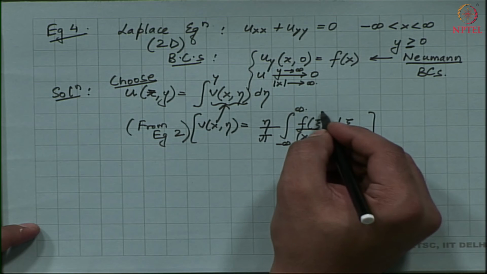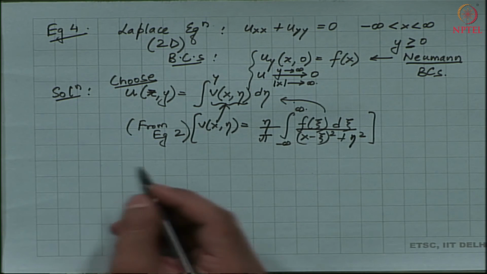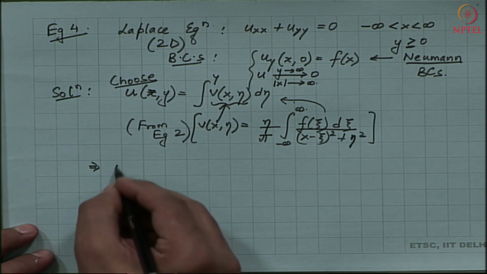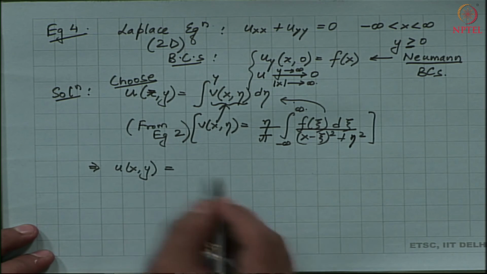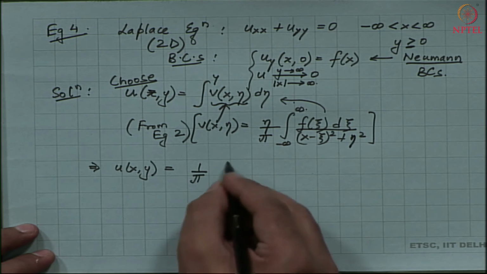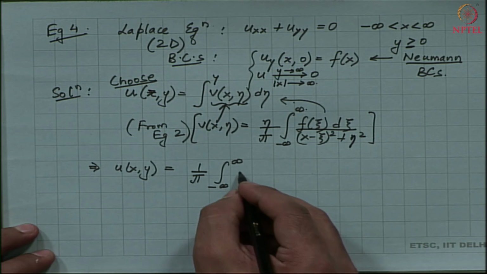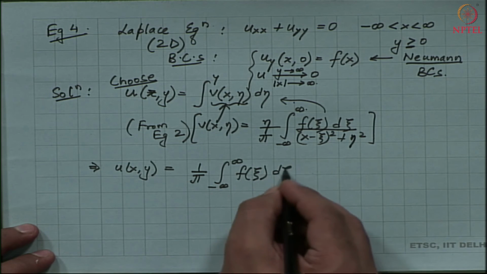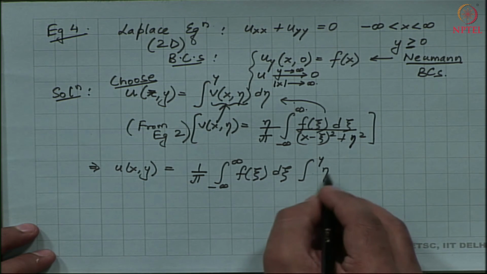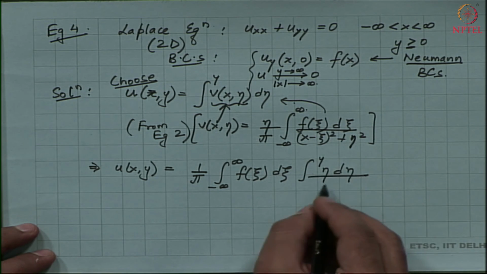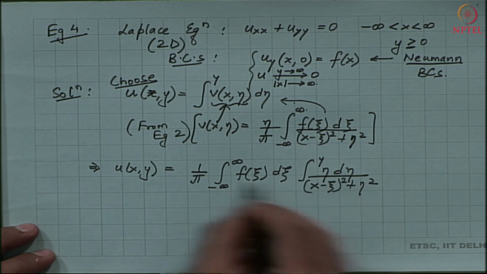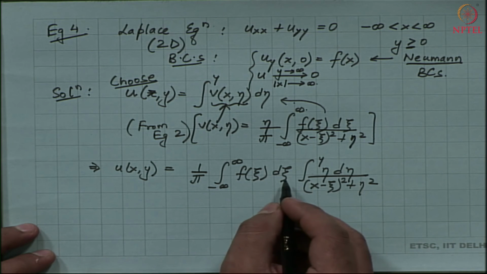So I am going to substitute in this integral, and I am left with the following integration: u of x comma y is given by 1 by pi integral from minus infinity to infinity f of zeta d zeta integral from 0 to y eta d eta divided by x minus zeta square plus eta square. So I have just rearranged some of the integrals, and this is what I get.